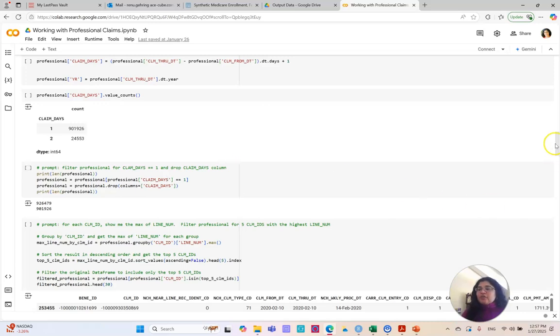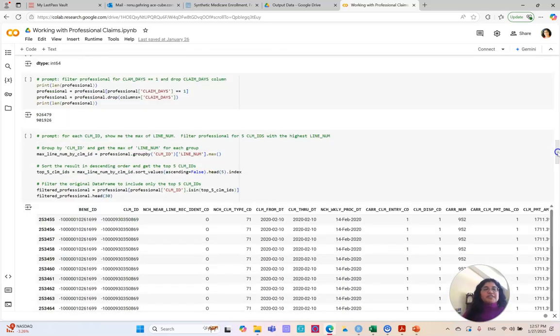Now, what I'm trying to figure out is so I know that in my claim header, I have only 1 day listed. But what I'm curious to know is for each claim, when there is a claim line, and if the line is more than one, what do I see in the claims that have many lines?